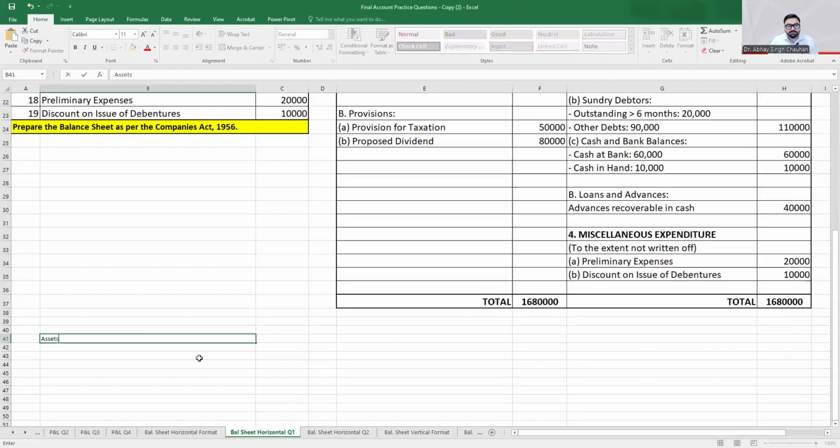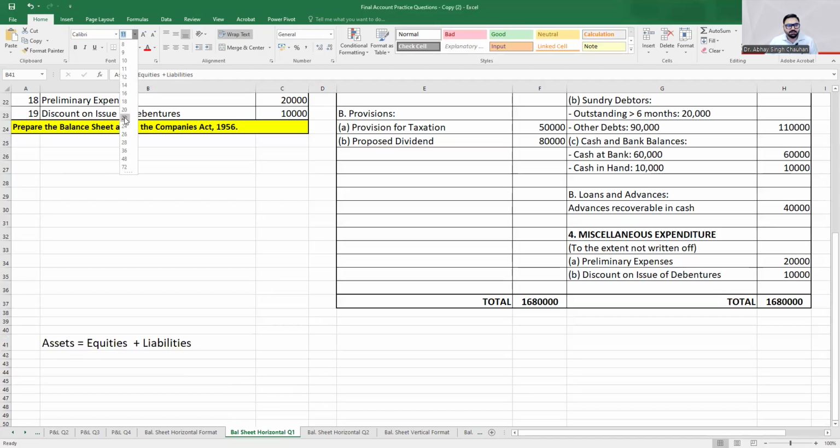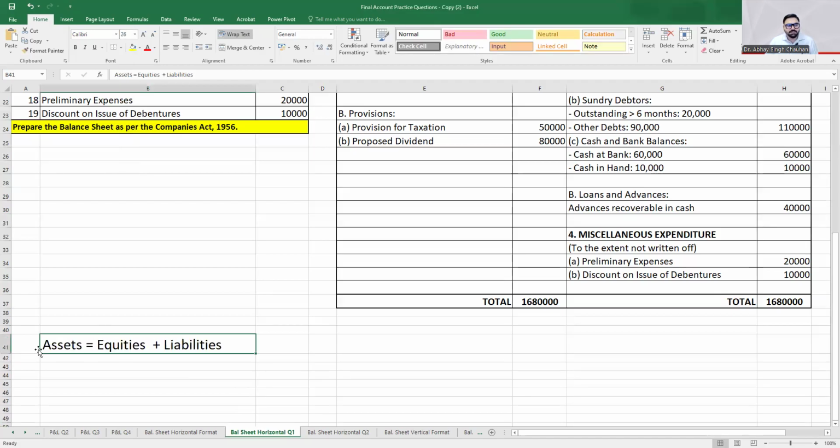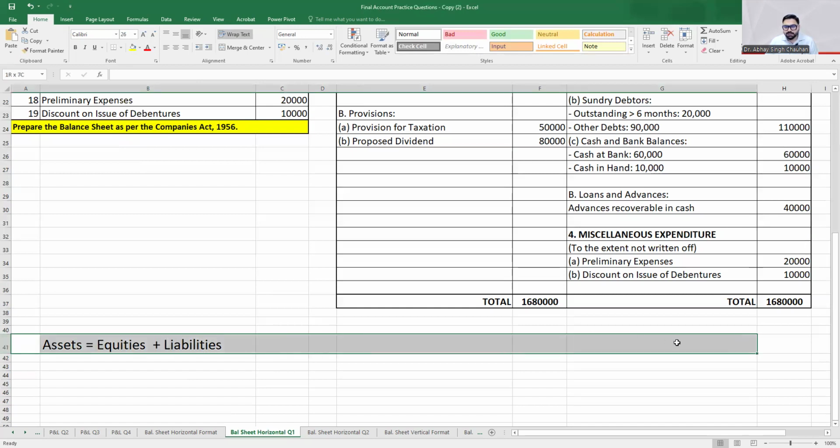Accounting equation is assets equals to equities plus liabilities. Let me increase the size of this so that everyone can see. Assets is equals to equities and liabilities. This is our accounting equation, right? And this accounting equation has been satisfied over here.